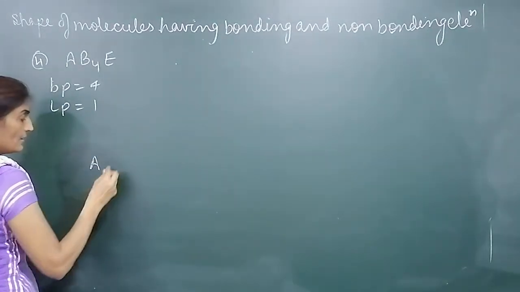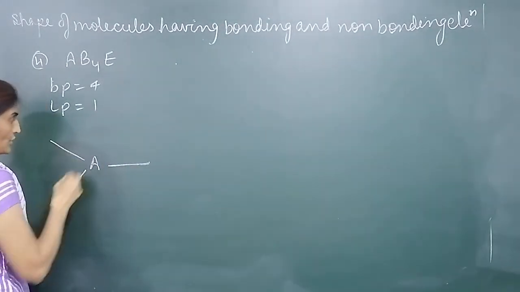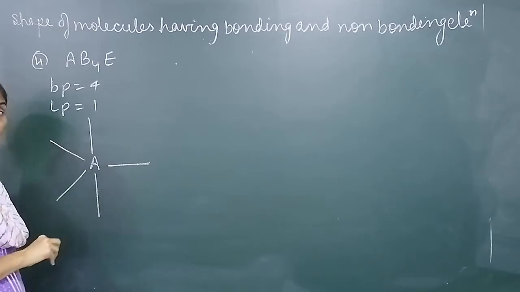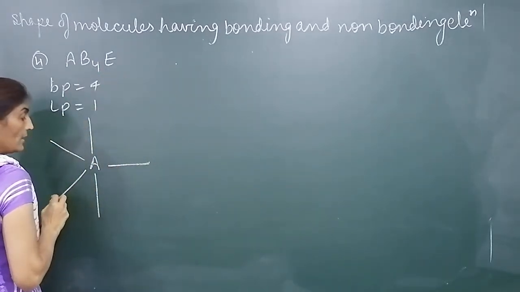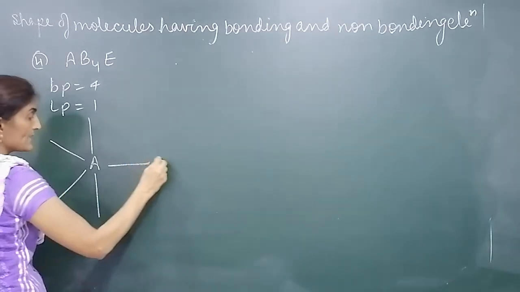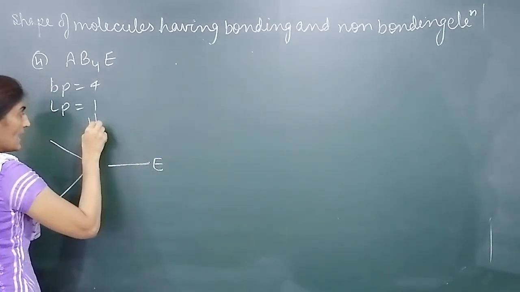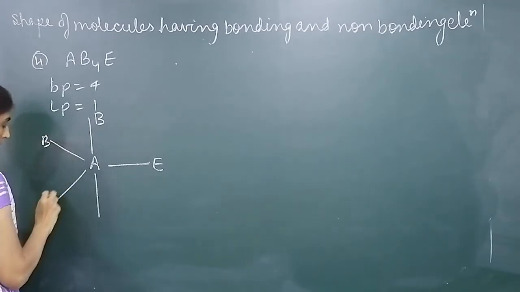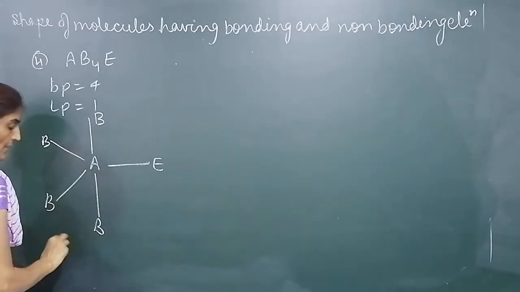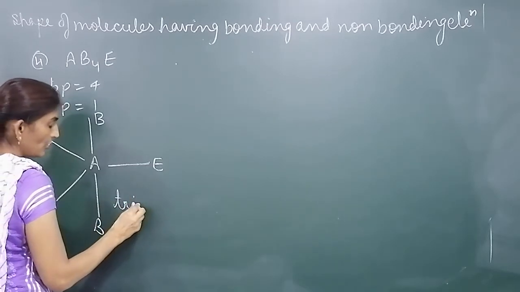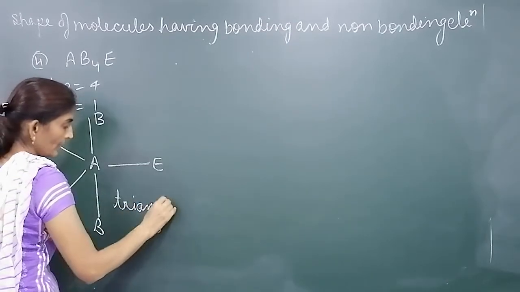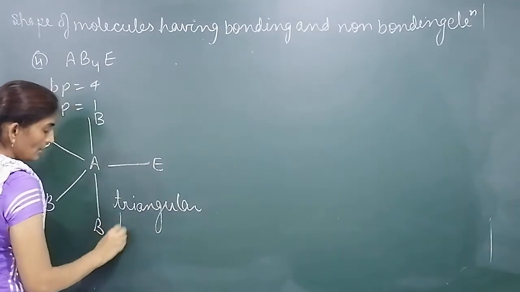A at the center. These are the positions of bonding and non-bonding pairs. One lone pair and the rest bond pairs. See, this is lone pair. These are bonding pairs, 4. What will the geometry be? Trigonal bipyramidal.